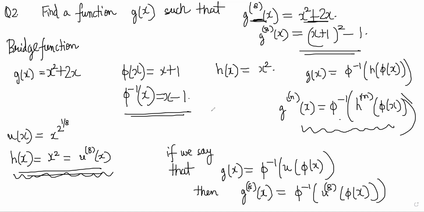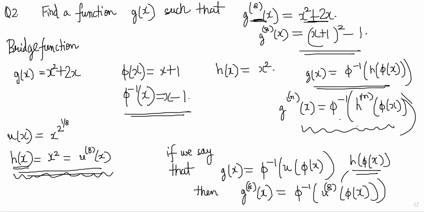Now u of 8 will become an h of phi of x inside, right? And h of phi of x is phi of x square, right? H of phi of x is just phi of x square. So we know that this result is true.